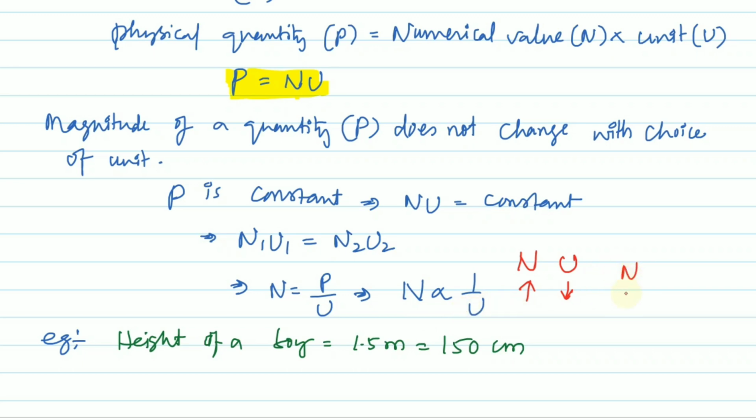If numerical value is decreasing, then unit is increasing. You have seen here 1.5 meters, unit is greater, so numerical value is lesser. If we consider the same value as 150 centimeters, the numerical value is greater, so unit is smaller, right? So let us take one more example.